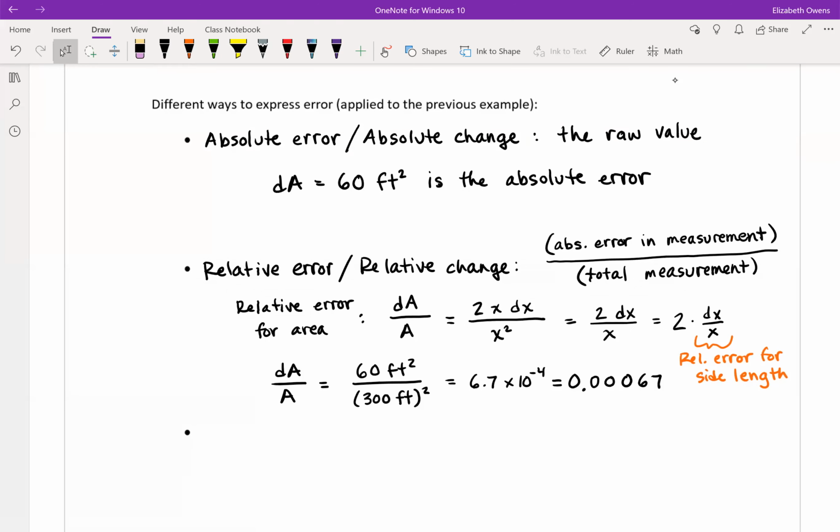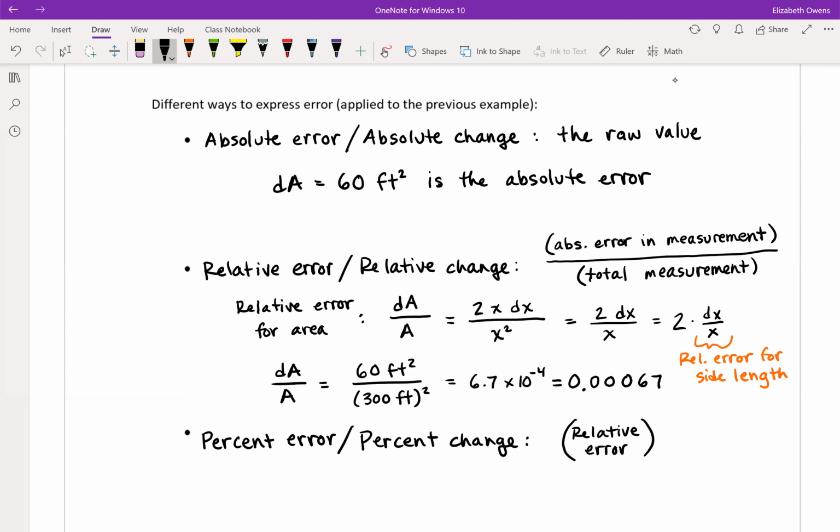Okay. So that also leads into our last way of expressing error here, which is as a percentage. Okay, so this is percent error or percent change. You can also see this referred to that way. And how you calculate this is you take your relative error. So you have to use that previous calculation. And then you multiply it by 100 to make it a percentage.